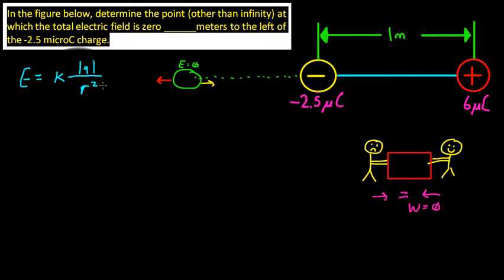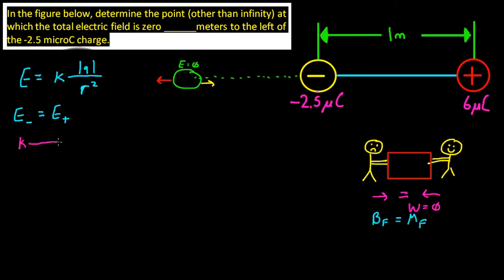We've got E over here, and we've got another E. Just like with Bob and Mike, the force done by Bob and the force done by Mike, you make them equal to each other. Same thing here: the E of the negative is going to equal the E of the positive.